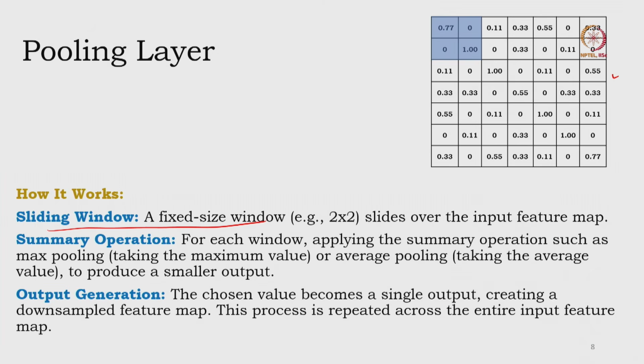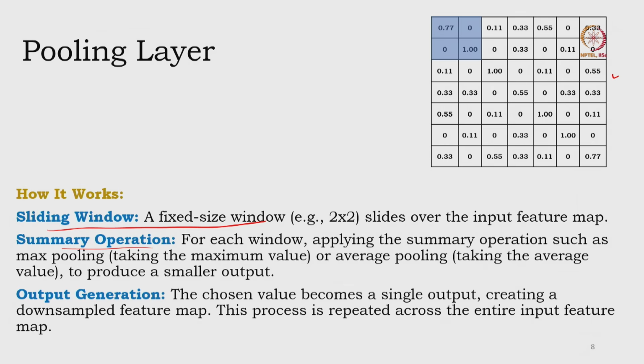Once this fixed size is considered, you have to perform a summary operation. What is the summary operation here? In this window, how many values are we seeing? We are seeing a total of 4 values. What are those? 0.77, 0, 0 and 1.